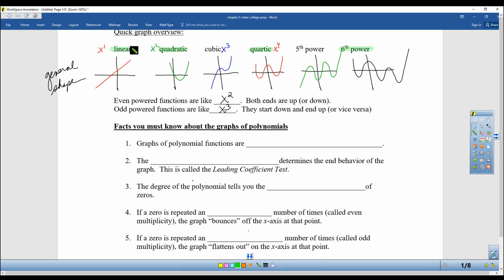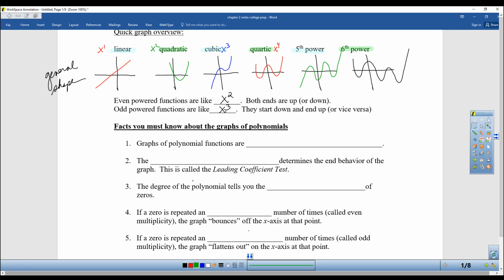So in linear, notice that, I guess I should change that color. Linear functions start down, end up. Cubic, start down, end up. Fifth power, start down, end up. Or if they were negative, then they would start up and end down. So this little overview here is really going to help you make graphs, to already have a sense of what it looks like before you graph it.